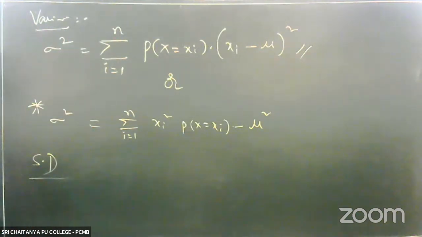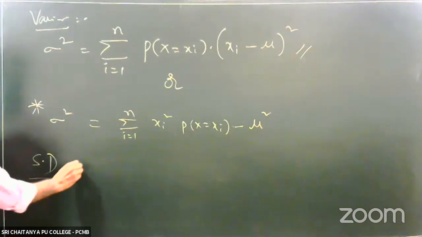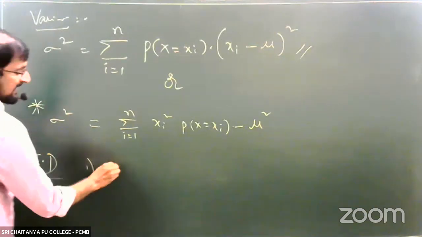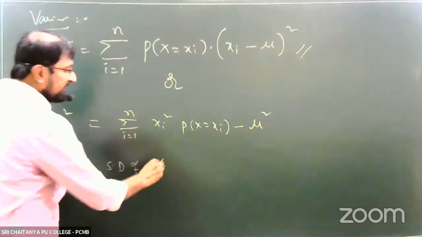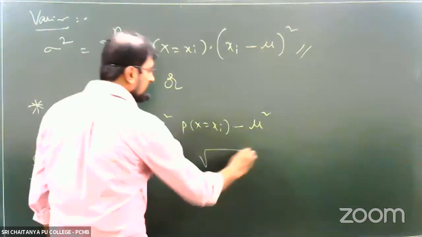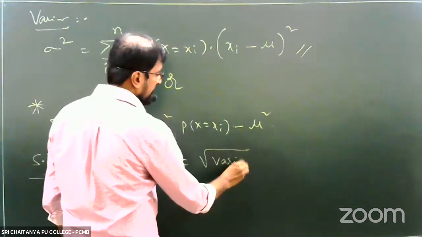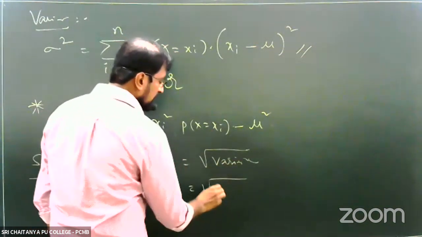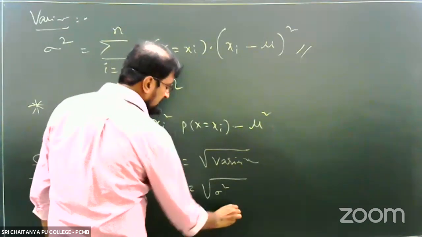Write down standard deviation. Write down the first point. Standard deviation of random variable capital X is equal to root of variance, which is equal to root of sigma square is equal to sigma.